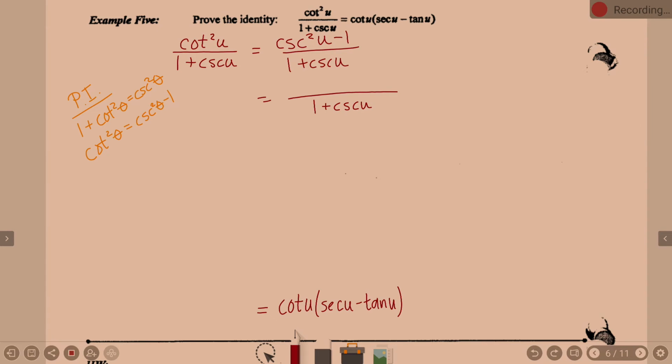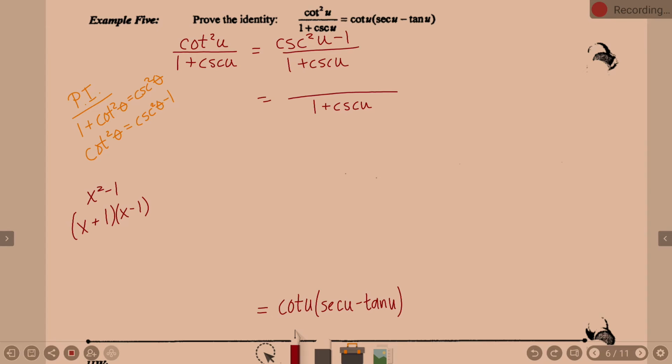Denominator is going to stay the same for right now. The numerator is of the form x squared minus 1. Can you factor x squared minus 1? I hope so if you've made it this far in math. x plus 1, x minus 1, right?